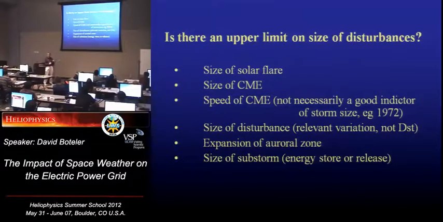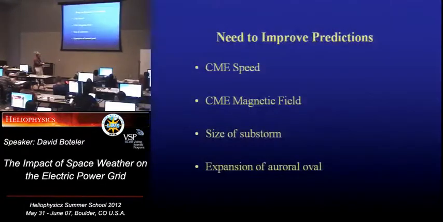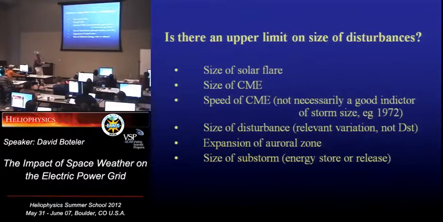So are there things from basic physics knowledge that we can say? Is there a maximum size to a solar flare? That's not necessarily the trigger for our GIC problems, but as an indicator, or a maximum size of a CME.